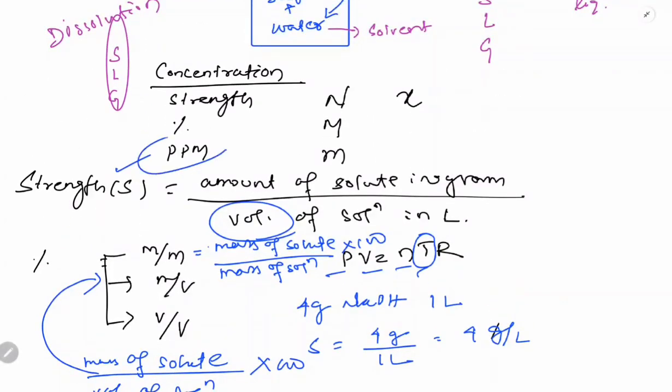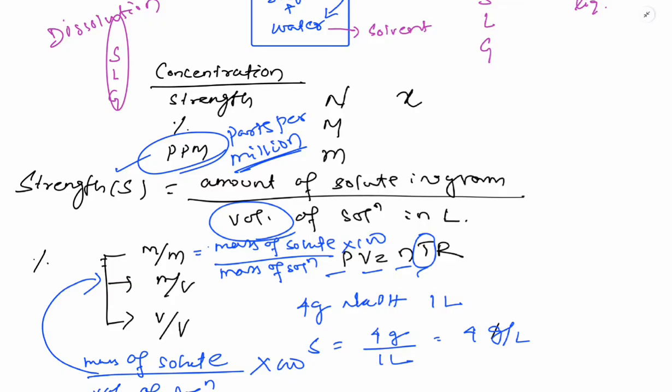Now what is ppm? ppm stands for parts per million. Now the question is, what is million? Million means 10 lakh, which is 10 to the power 6.